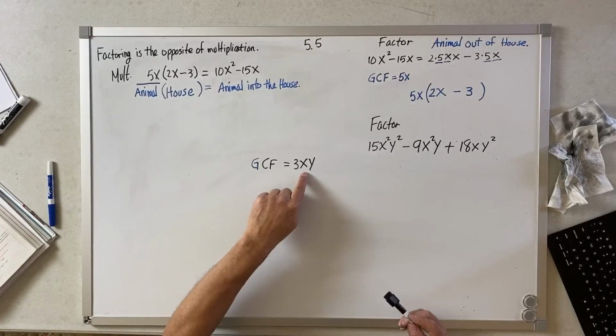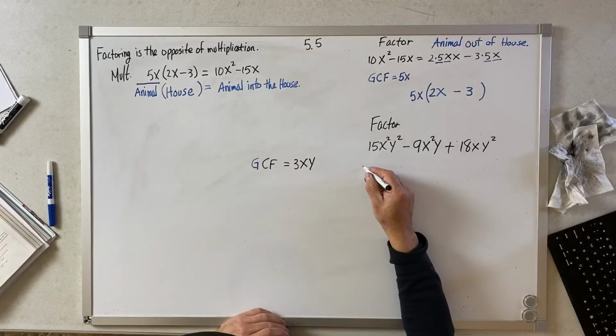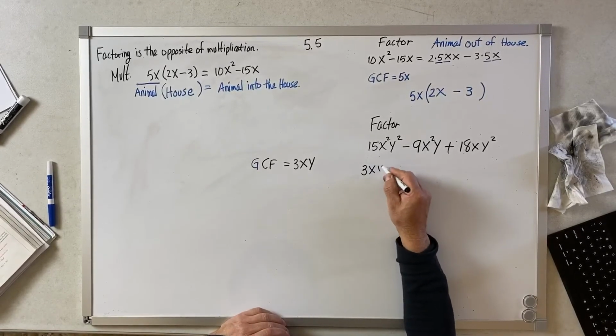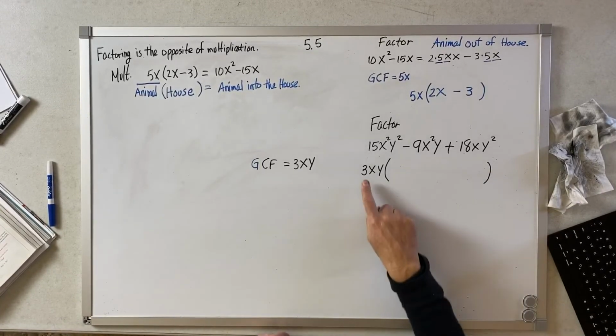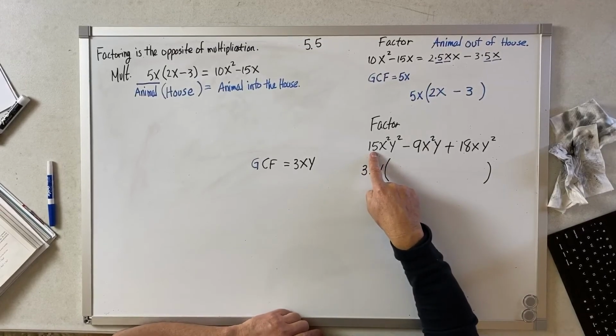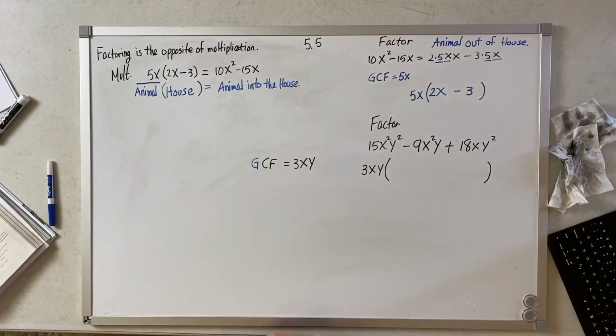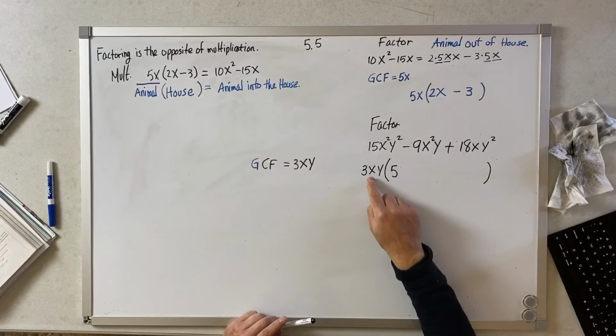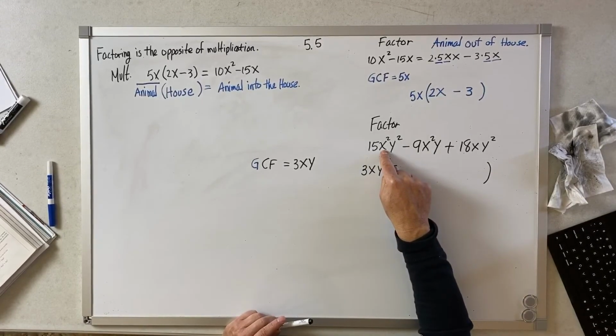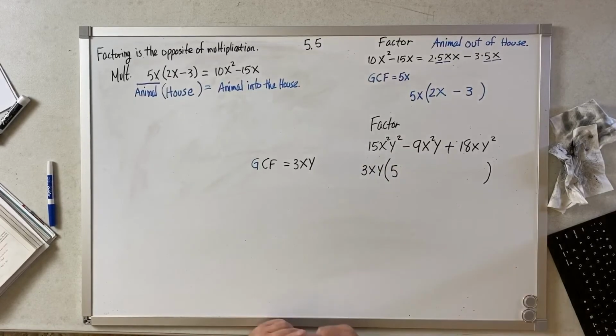So take out the animal. The animal is 3xy. And this is the house. If you take out a 3 from 15, what's left inside? A 5. If you take out an x from x squared, what's left inside? An x.